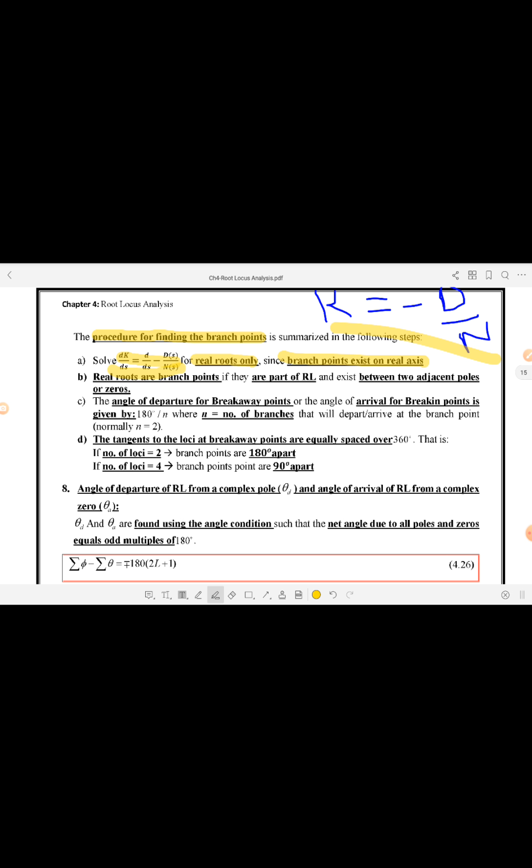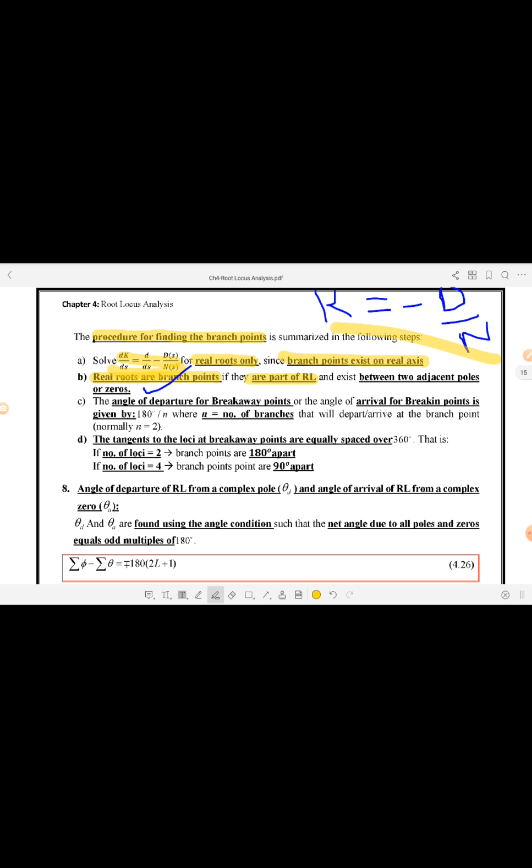After determination of the real roots, if they are part of the root locus, then they are really branch points. But if they are not part of the root locus, then they are not branch points.